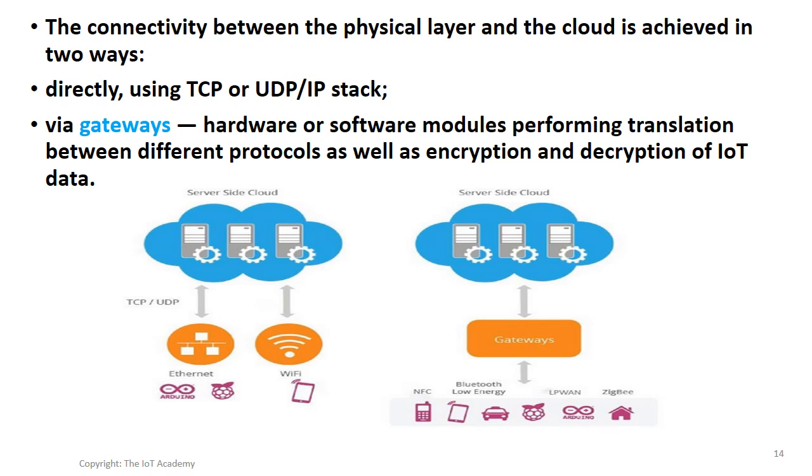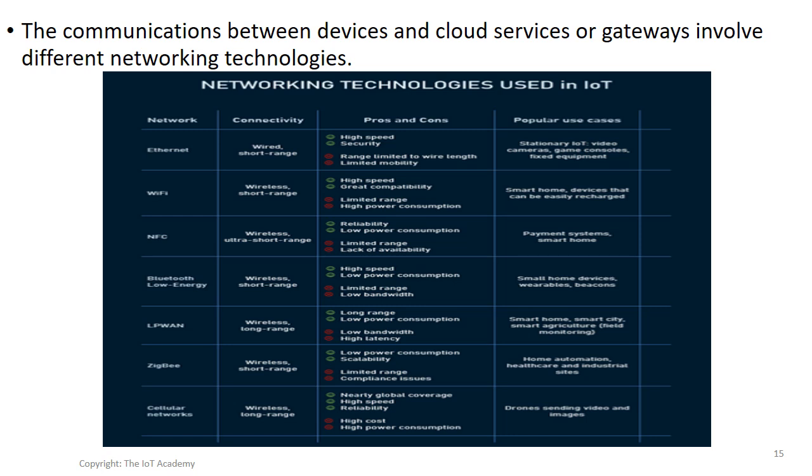If we are talking about LPWAN, Zigbee, BLE, or NFC, then we will need a gateway. And if we have internet like Wi-Fi, GSM and Ethernet, we can directly upload data. So these are some of the communication and networking technologies used in IoT.